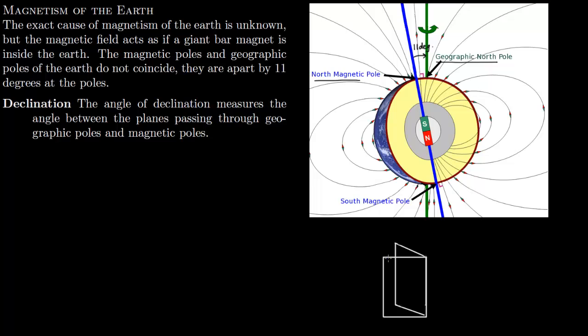So this is the plane which is passing through the magnetic pole. And the other plane, the plane behind, is passing through the geographic north pole. So the angle between these two planes is called the angle of declination.